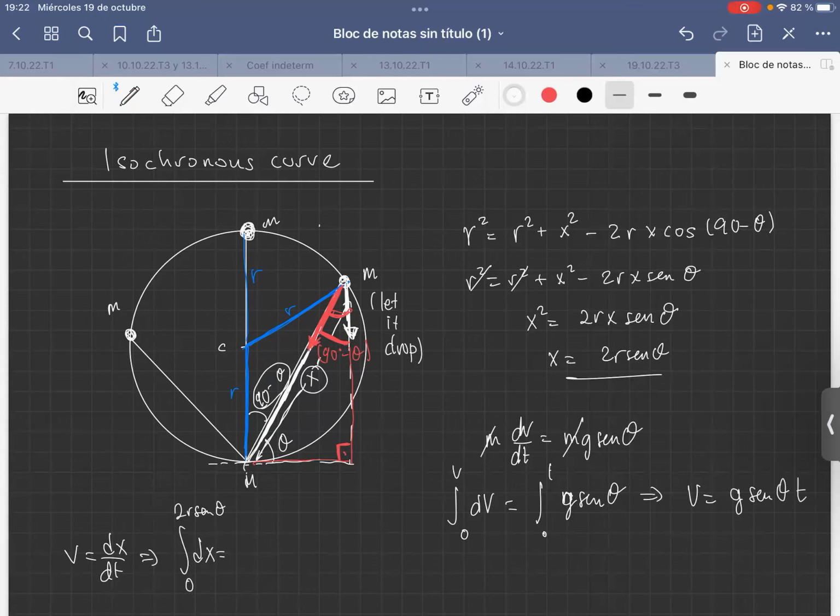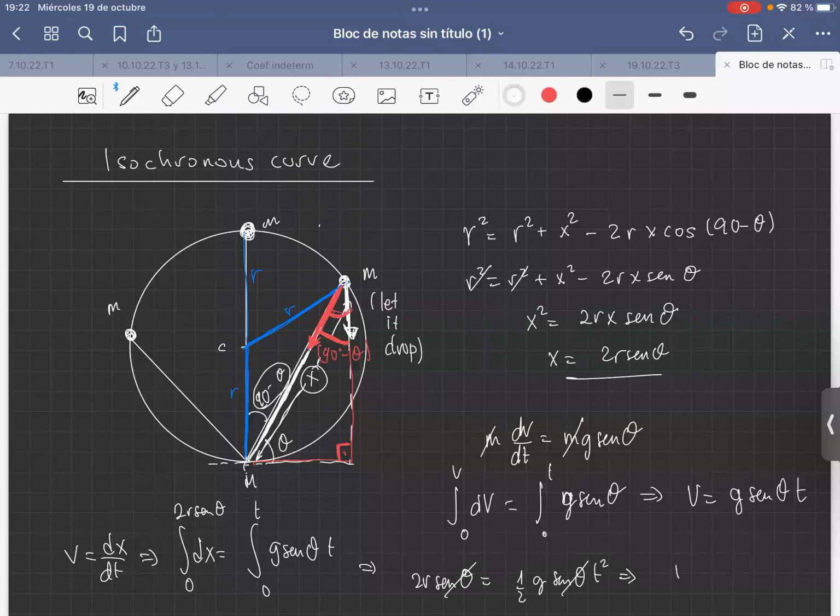It's going to be the integral of g sine theta t between 0 and t. So from here, we get that 2r sine theta equals 1/2 g sine theta t squared. And from here, the sines are going to disappear, and we can get the t in terms of r and g.